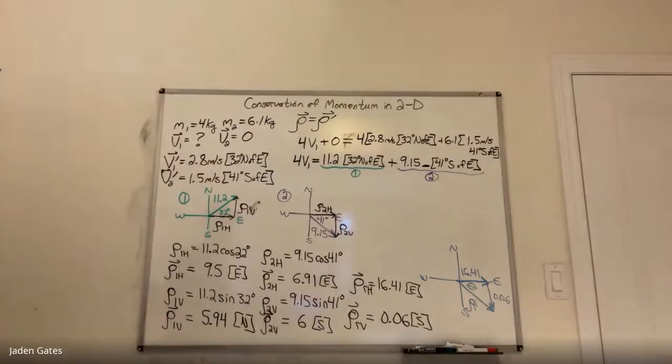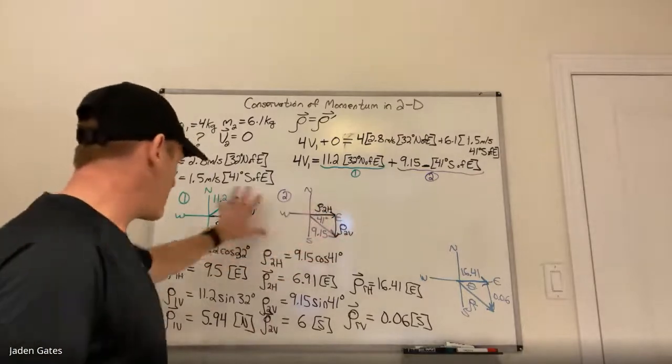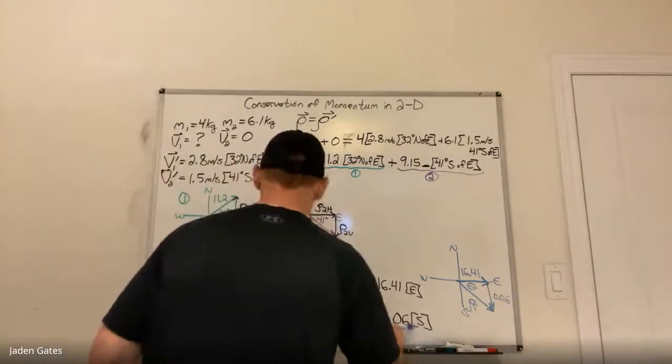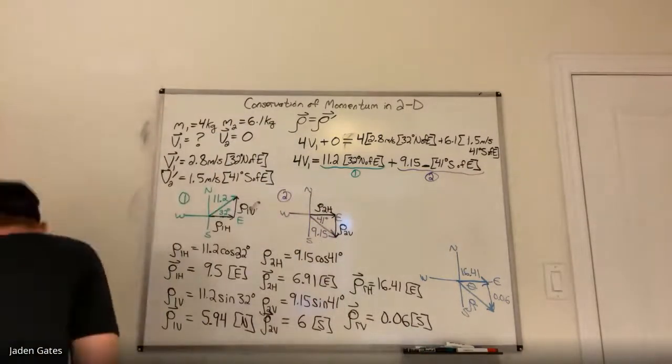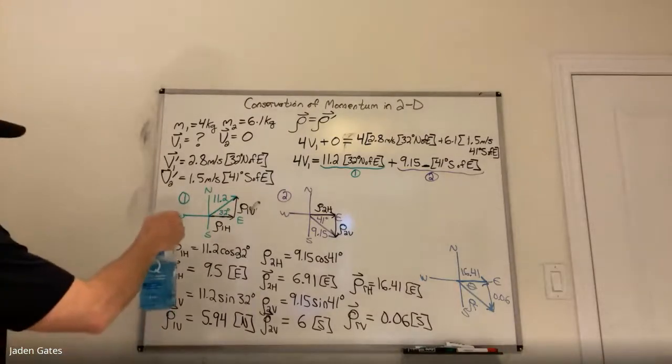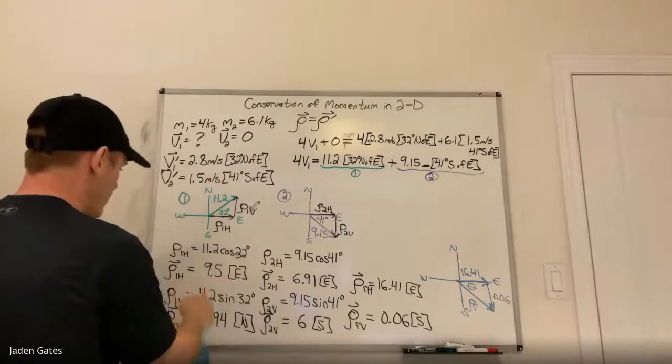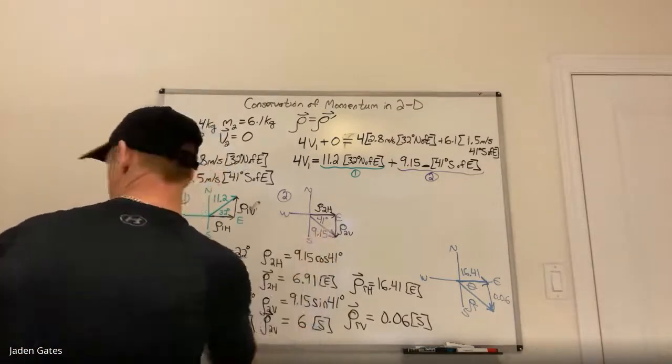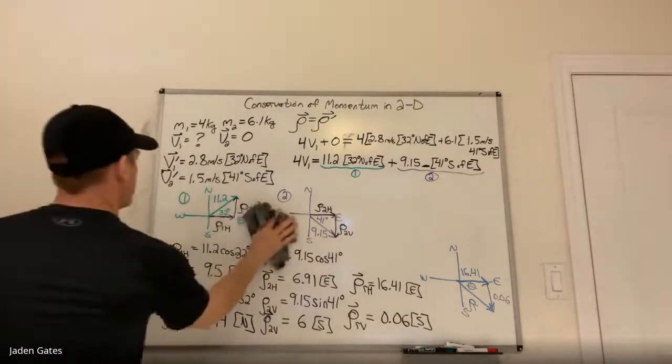Okay, so a little Pythagorean theorem. Now, I'm going to erase some of this because I need some room here. We don't need those components anymore because we have our resultant.